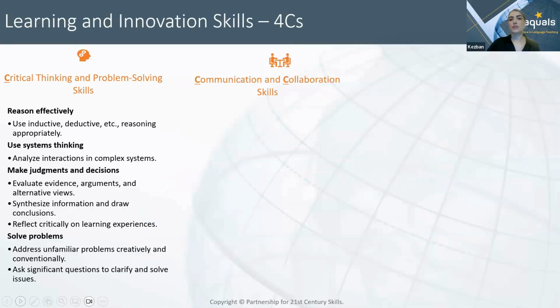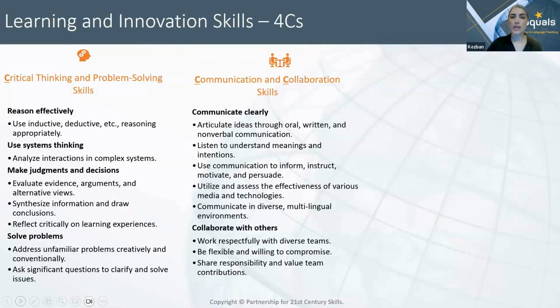In terms of communication and collaboration skills, students should be able to communicate clearly and collaborate with others, practicing certain sub-skills such as using communication to inform, motivate, and persuade, and working respectfully with diverse teams.